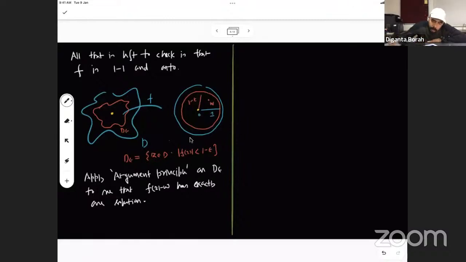So it will eventually tell you that the function f has precisely one pre-image for w. Since epsilon is arbitrary, w has precisely one pre-image.